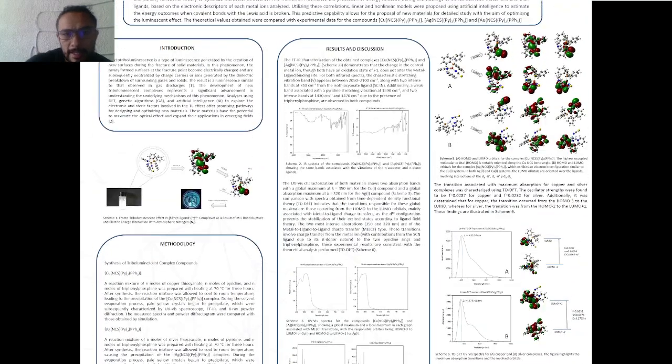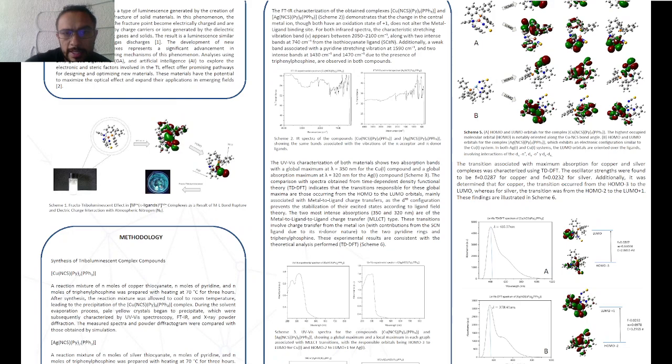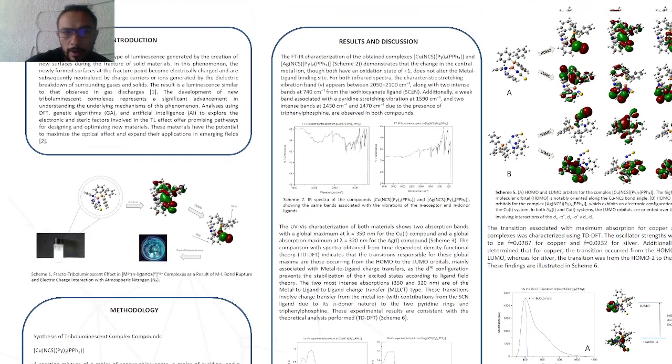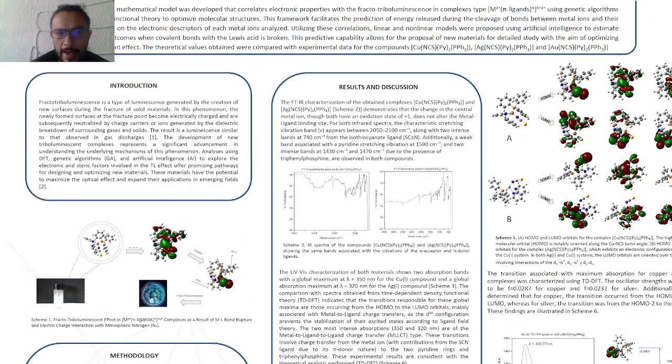For the results, as we can see in scheme 2 and scheme 3, we made an FTIR characterization of the complexes in order to know how these complexes are in general. We can see that both complexes have an oxidation state of +1.